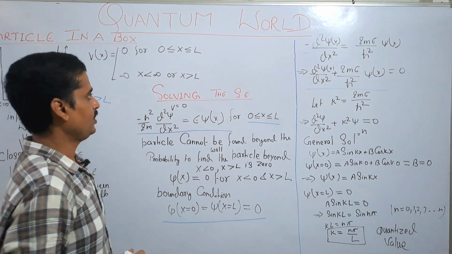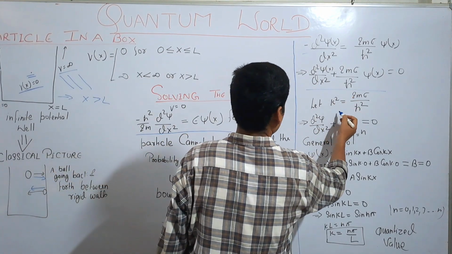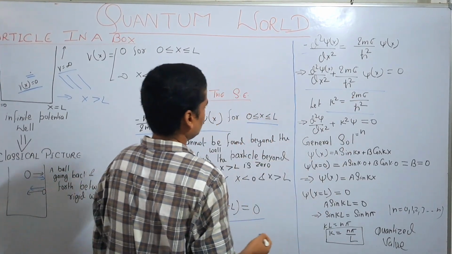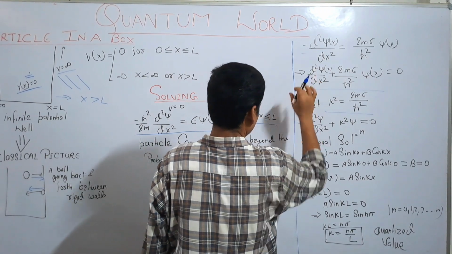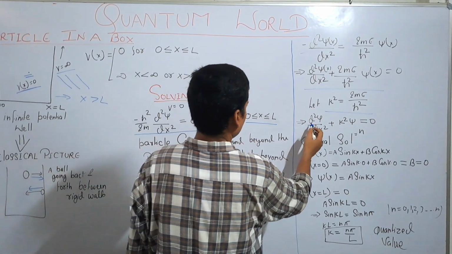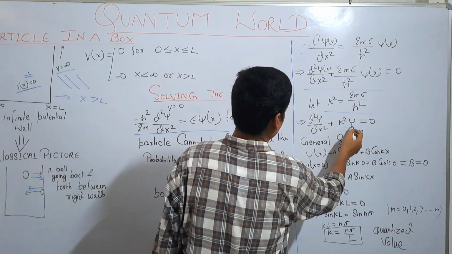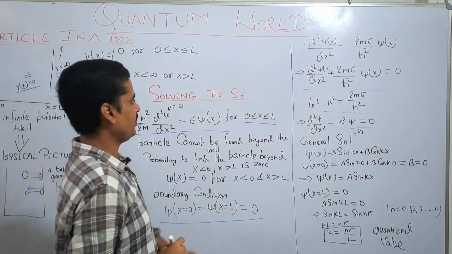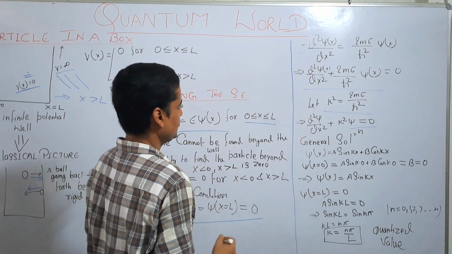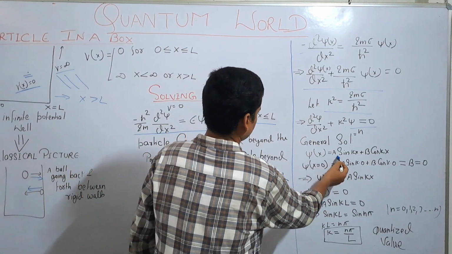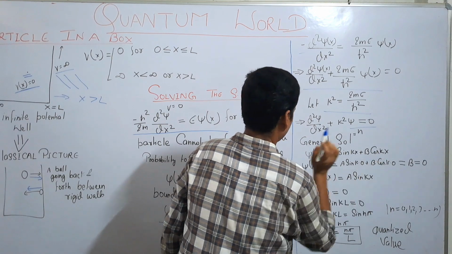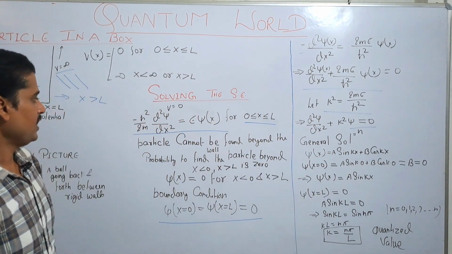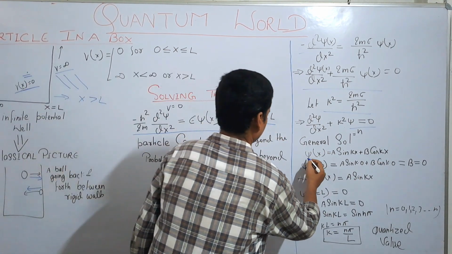Let's assume that 2mE over h bar squared is k². So the differential equation will become d²ψ/dx² plus k²ψ is equal to 0. And the general solution for this kind of differential equation is ψ(x) equal to A sin kx plus B cos kx.